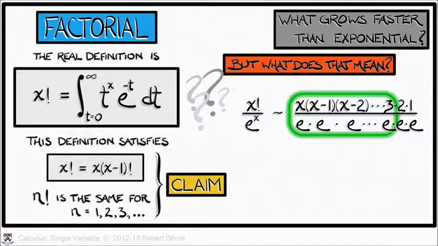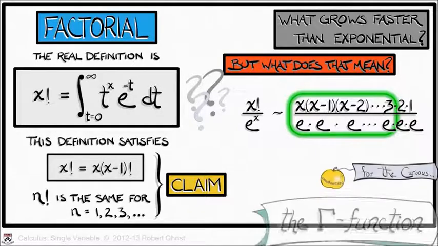Now, for values of x very large, we see that terms in the numerator and terms in the denominator pair perfectly, and almost all of the terms in the numerator are much bigger than the terms in the denominator. And this means that in the limit, as x goes to infinity, we get something that is infinite. That means that x factorial grows much faster than e to the x.